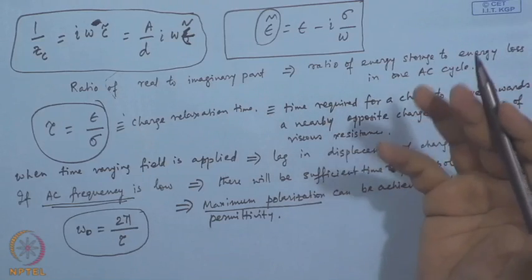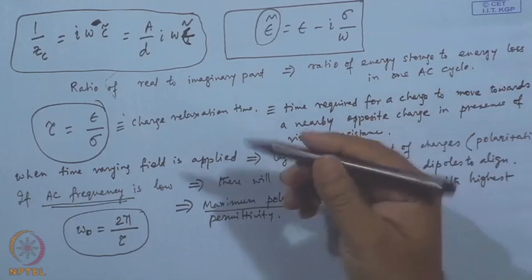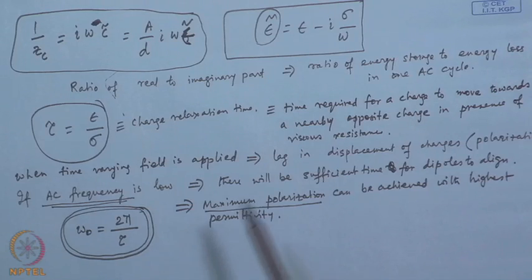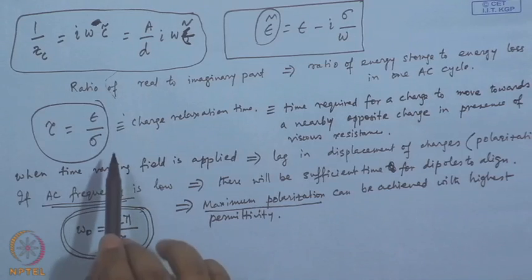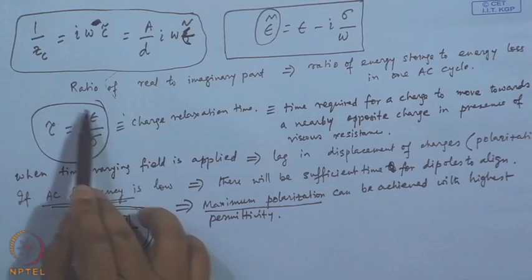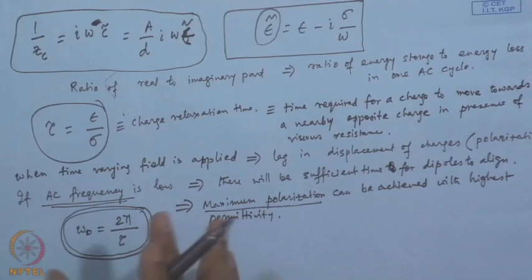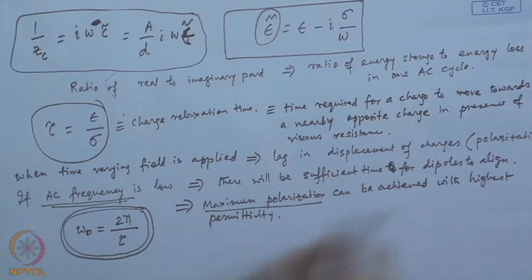If somebody wants to know what would be the right frequency for the droplet to form, then one would go for this equation where tau is the charge relaxation time, equal to epsilon by sigma. So this primarily gives the idea how you can extend your understanding of this relaxation time.